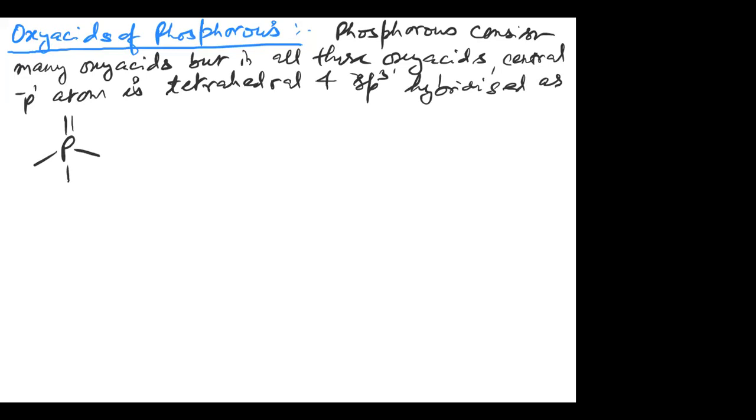So phosphorus has many oxy acids, and in all these oxy acids the central phosphorus atom is tetrahedral and sp3 hybridized, as every phosphorus is pentavalent, something like this.